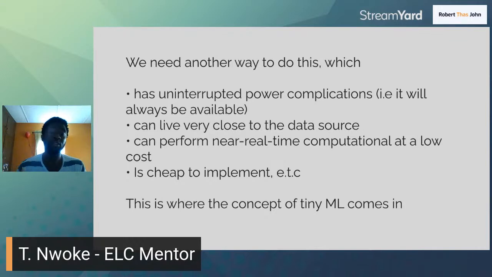That is almost at the instance, let's say a maximum of 1 second from when it happens, and give you that information, right? And also, you want a cheap way to implement this, and this is where the concept of TinyML comes in.